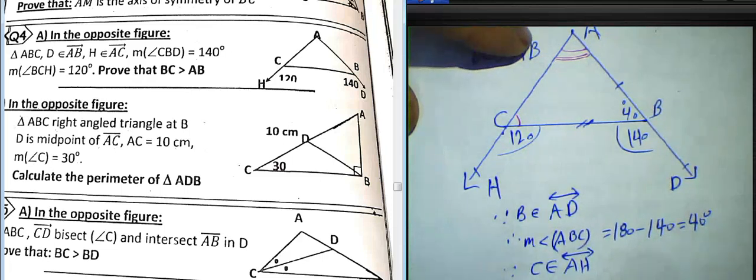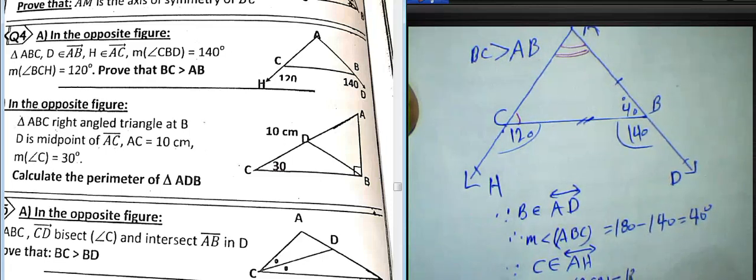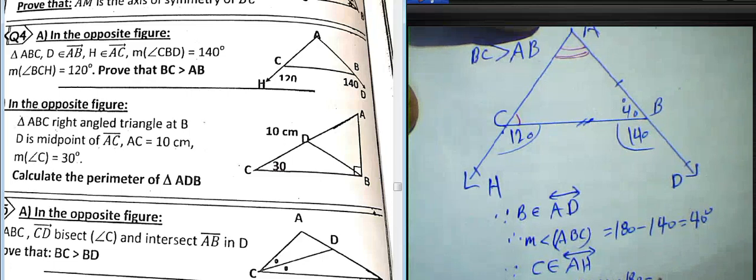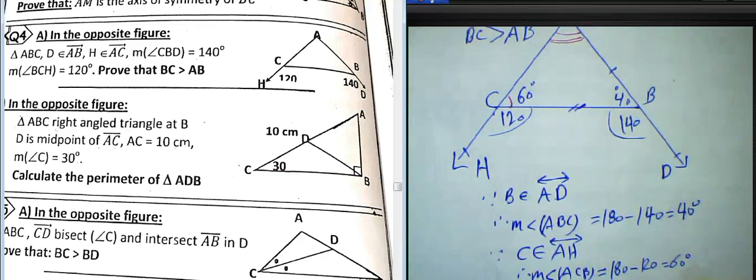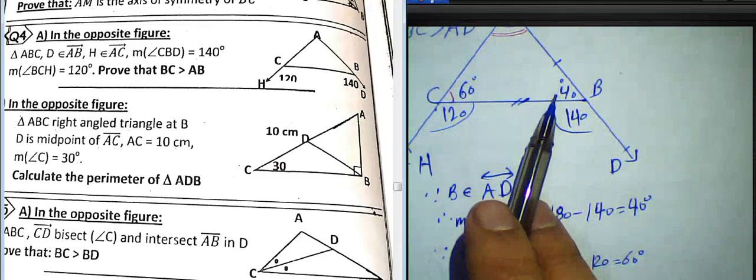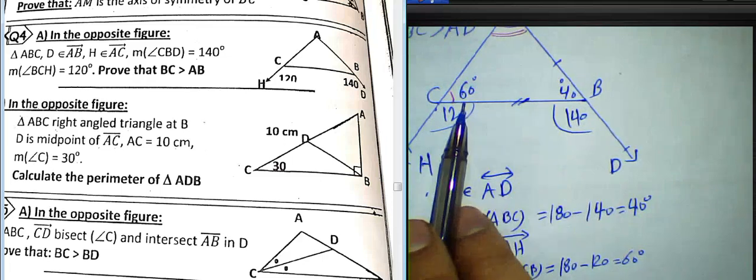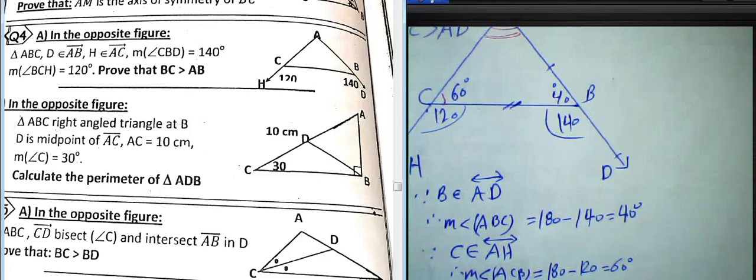Then measure of angle ACB equals 180 subtract 120 equals 60 degrees. This angle will be 60 degrees, and you can get the measure of angle A by 40 plus 60, and the result we must subtract from 180.